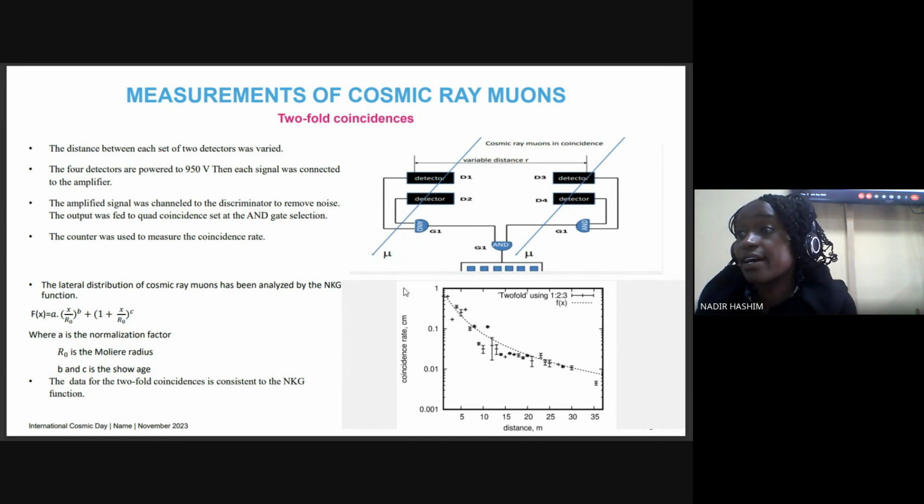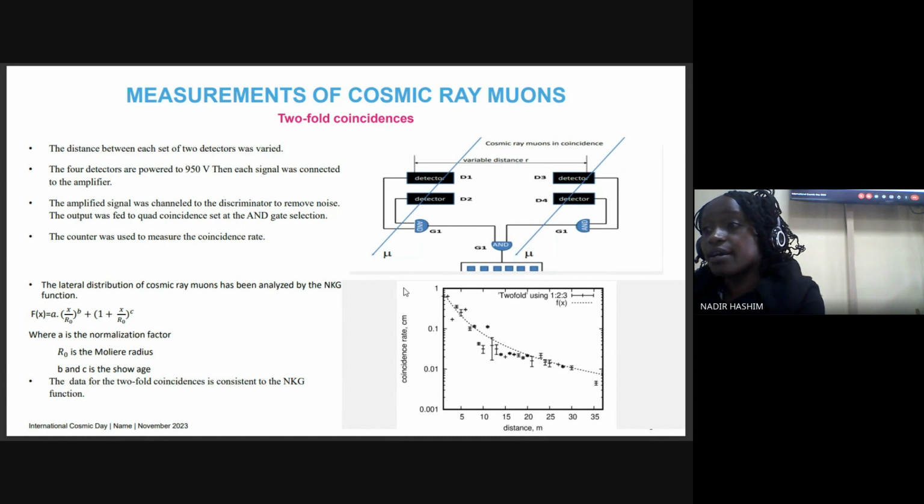And we have a graph showing the lateral distribution of the cosmic ray muons. We have used the NKG function. The NKG function is the Nishimura-Kamata-Greisen function. It shows the lateral distribution of cosmic ray muons.